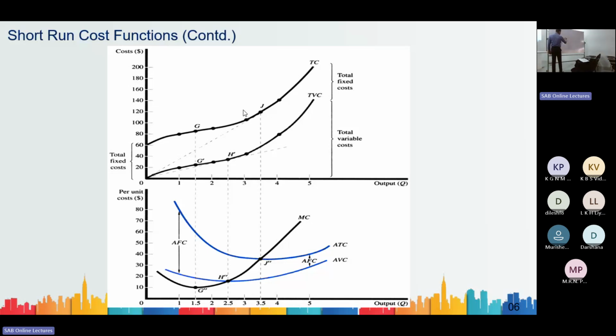So the slope of this curve is declining. That is why we say total variable cost is increasing at a decreasing rate. Let's say up to Q1, total variable cost is increasing at a decreasing rate.